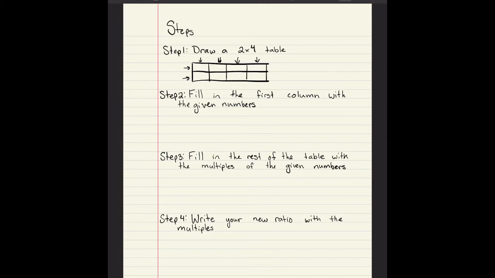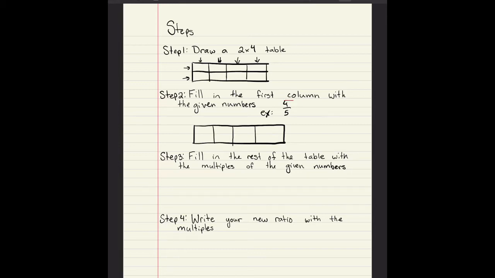Step 2 is to fill in the first column with the given numbers. Let's look at our example, which let's do 4 over 5. So if we have this table, I need to fill in the first column with the given numbers.